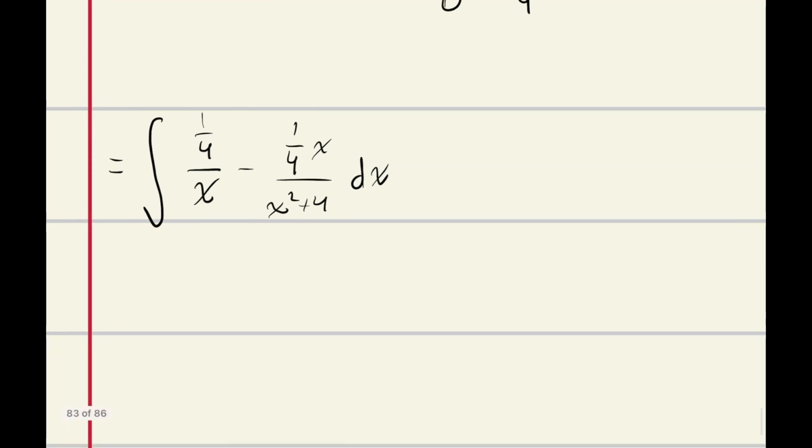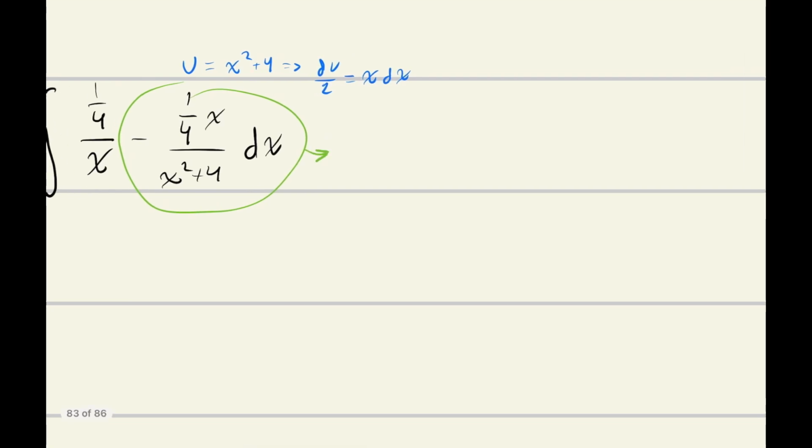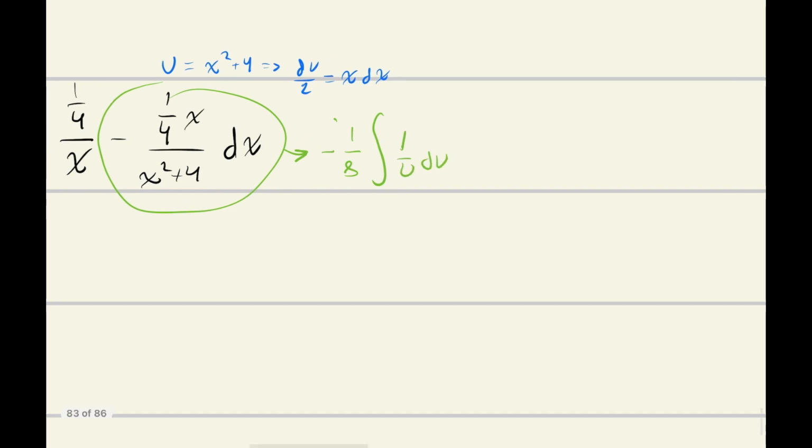This integral would be using u substitution, where u is equal to x squared plus 4, making du over 2 equal to x dx. We can move this coefficient outside along with the negative, and this x dx would replace this, and the u would replace this. So this would be equal to negative 1/4 over 2, which is 1/8, times the integral of 1 over u du.